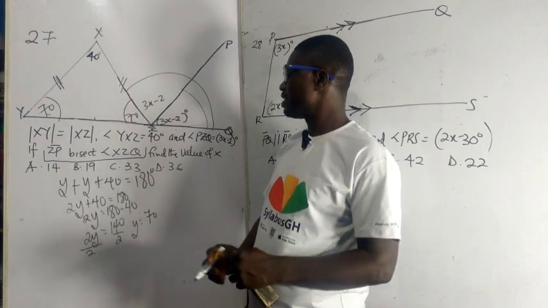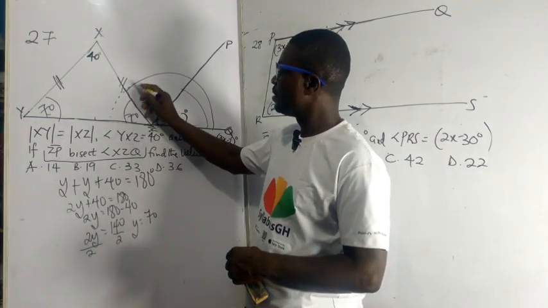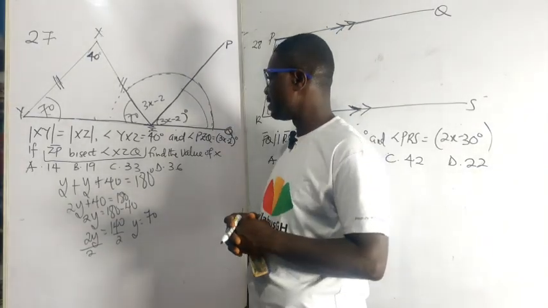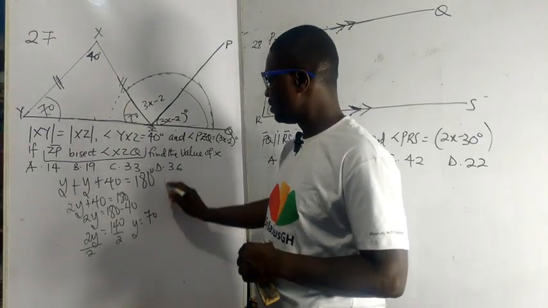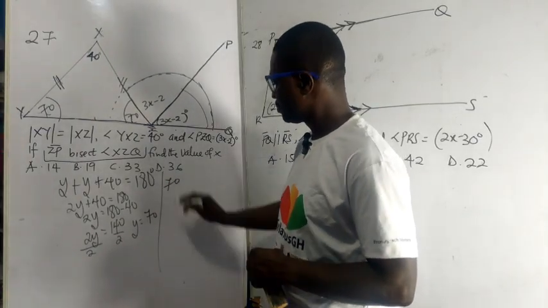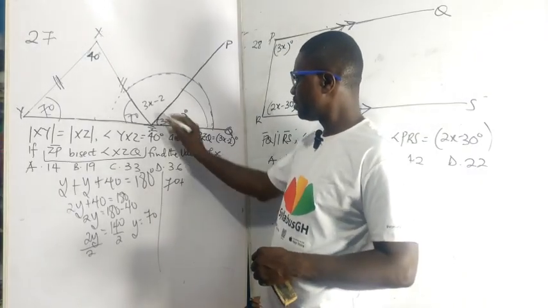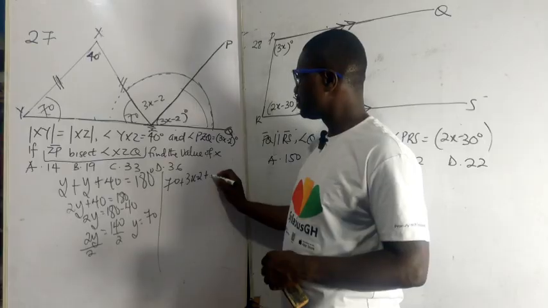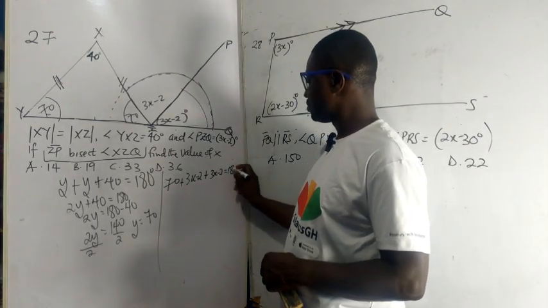As the question is asking us to find the value of x, when you sum this side on a straight line to this side, you are going to have a straight line. And so you add 70 plus 3x minus 2 plus 3x minus 2 is equal to 180.